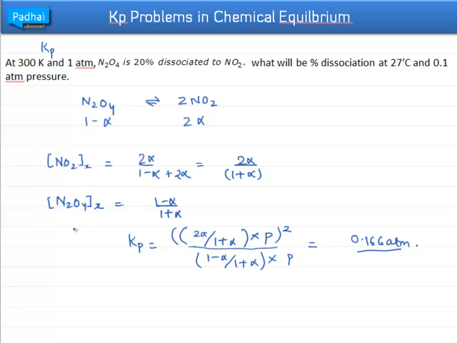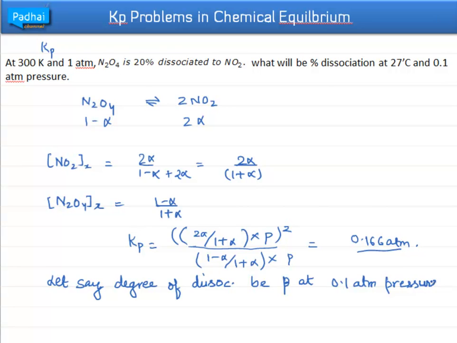Now we will use this Kp to find out the percentage dissociation when the pressure would be 0.1 atm. So let's say the degree of dissociation is beta at 0.1 atm pressure. Because the degree of dissociation is dependent on pressure, it will change at different pressure and temperature.